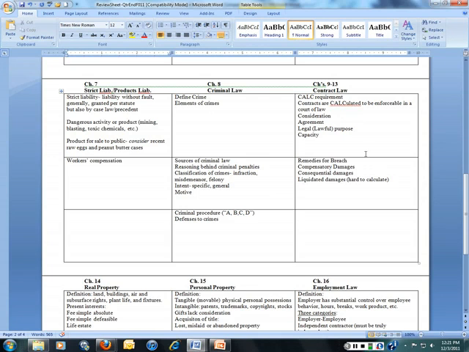Under contract law, chapters 9 through 13, there's a lot of material there, but remember I've given you the CALC mnemonic device to sort of help you along the process when you're looking at contracts.